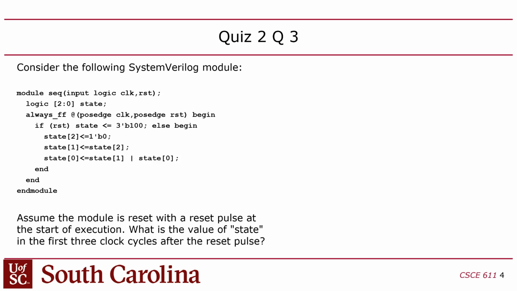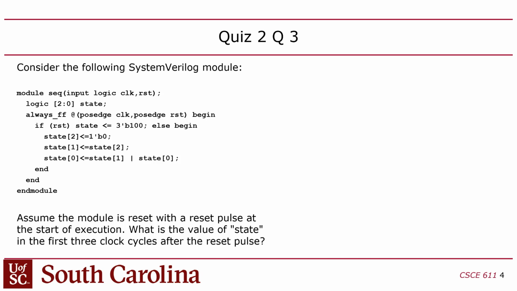Okay, next question. Consider the following Verilog module. Assume the module is reset with a reset pulse at the start of execution. What is the value of state in the first 3 clock cycles after the reset pulse? It's very important that you understand this kind of sequential behavior, because your CPUs will be using this kind of behavior in establishing data paths when you execute instructions.